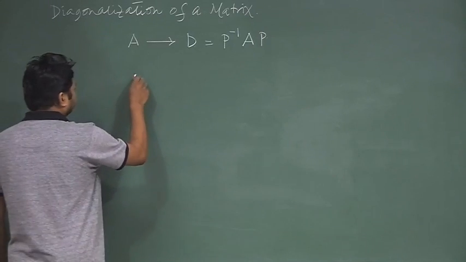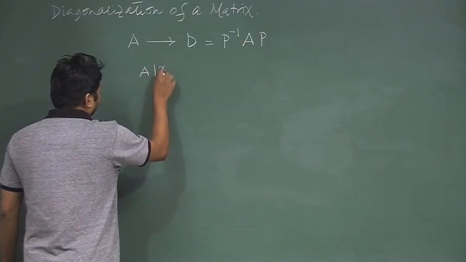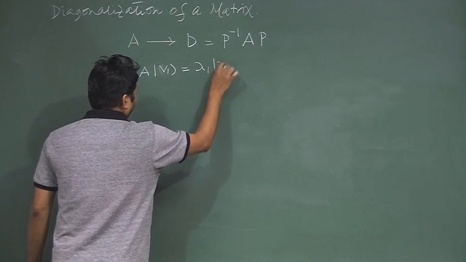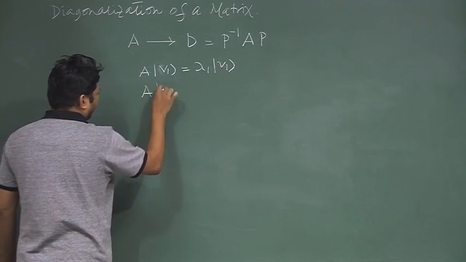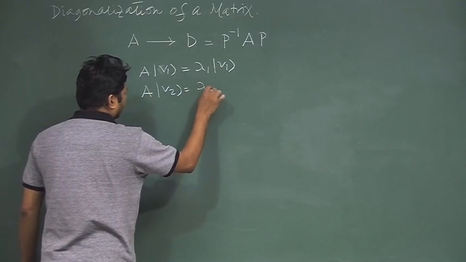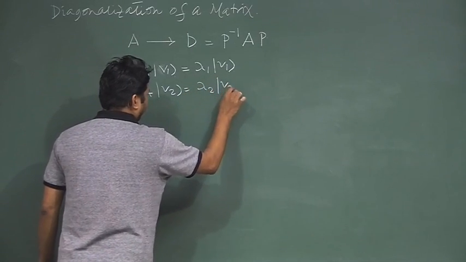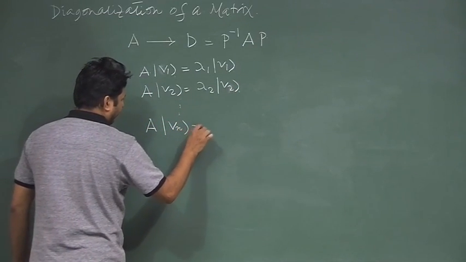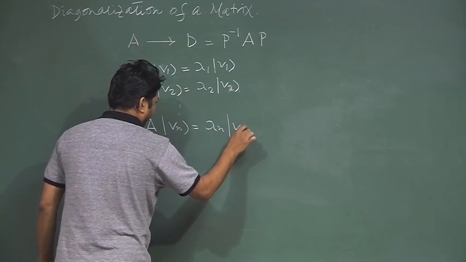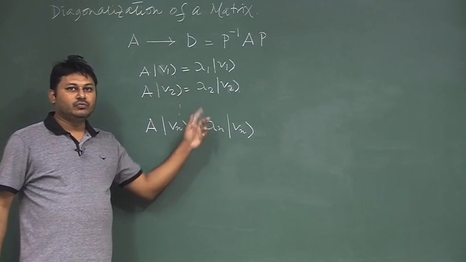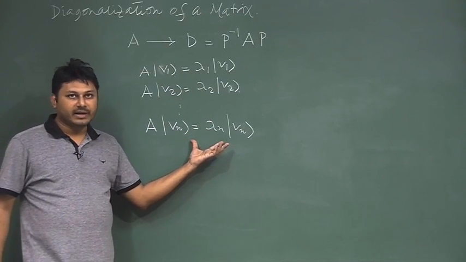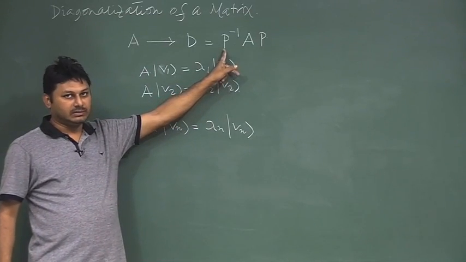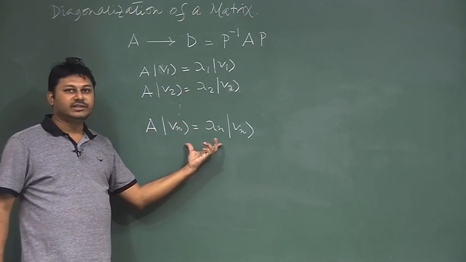P is made from V1, V2, V3, up to Vn, which are the corresponding eigenvectors of A. I know these are my eigenvectors.